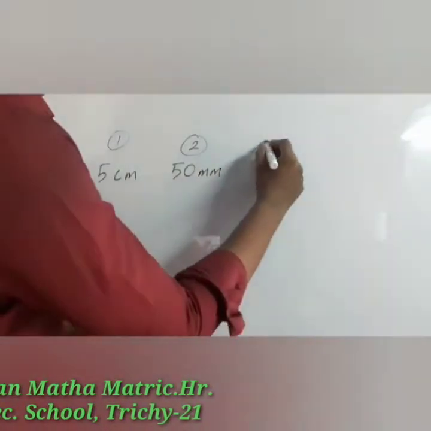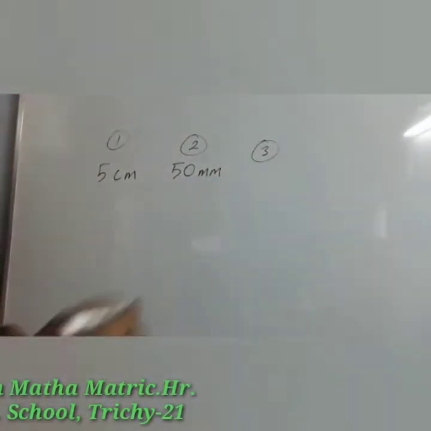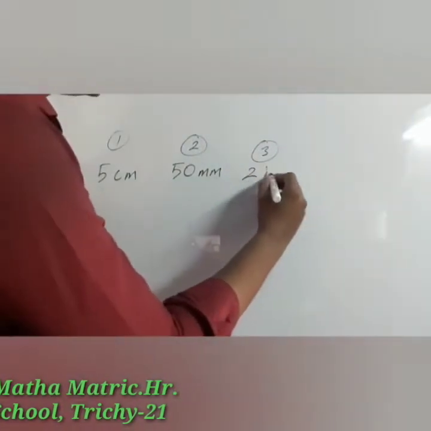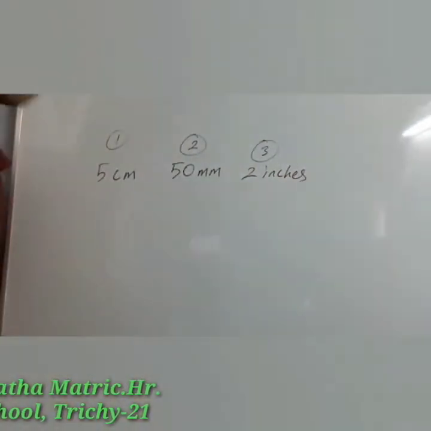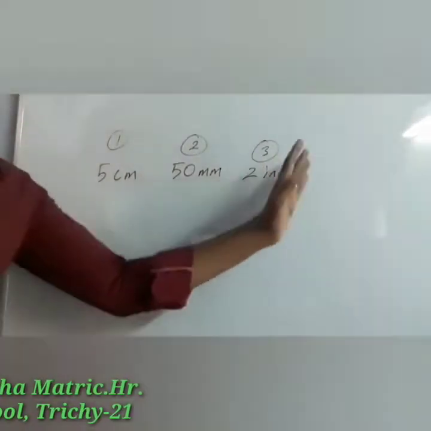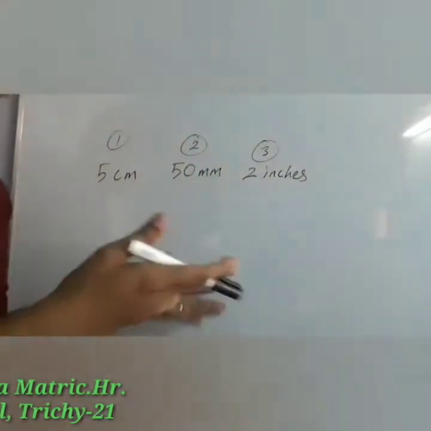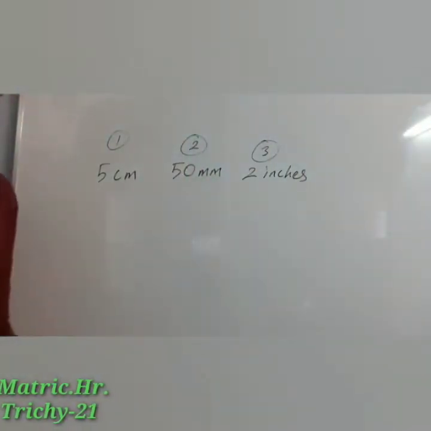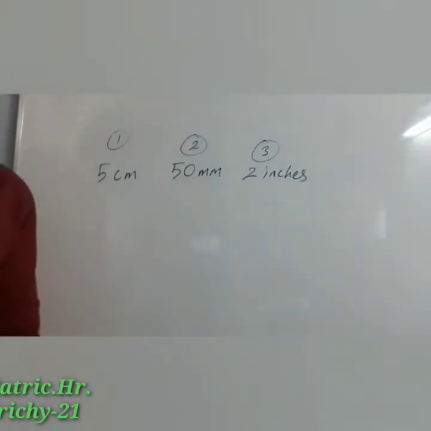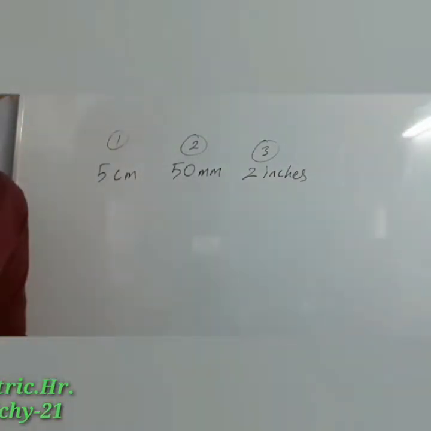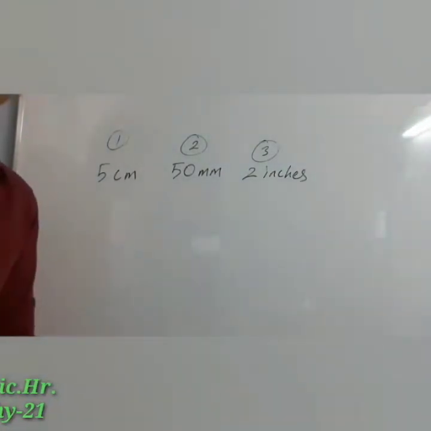The third student may say 2 inches. Remember, it is an approximate answer only. That's not exactly 5 centimeter. Now I am asking you, among the 3 answers, which one is the correct answer?